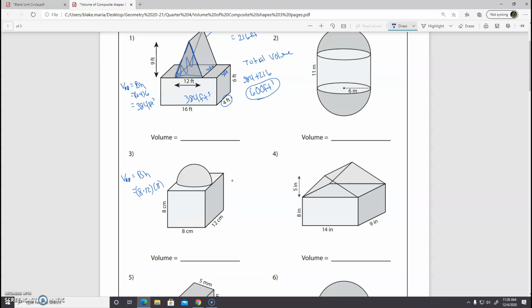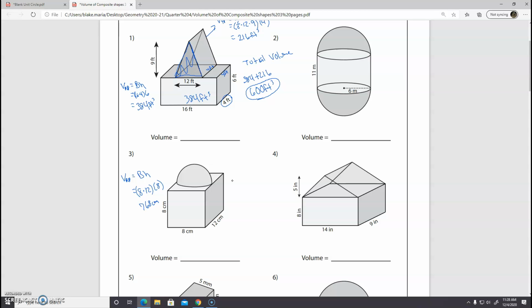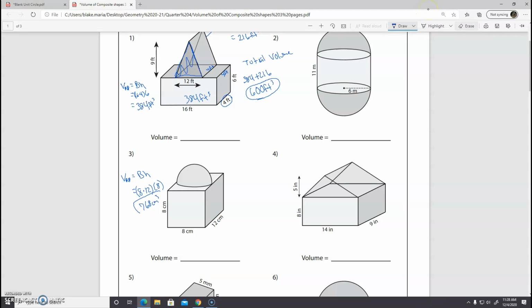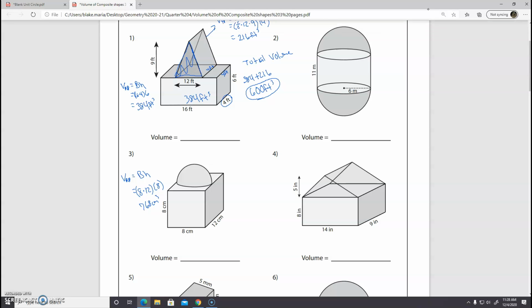So the height of my prism is 8. Then we type it in our calculator, 8 times 8 times 12, and we get 768 centimeters cubed. Whoops, I did not mean to box that in, because that is not our answer. But I'll underline it and save it for later.